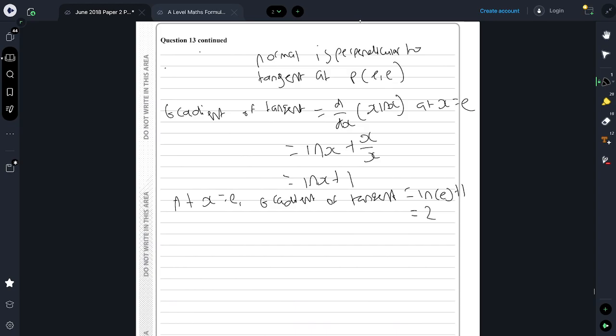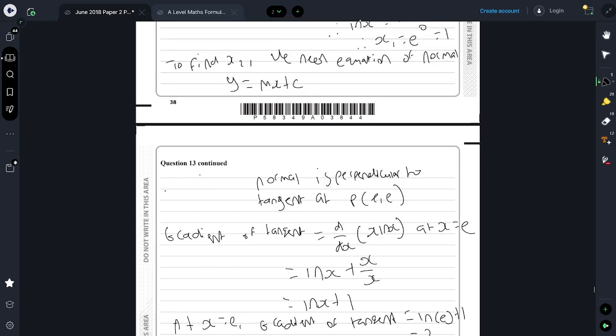Therefore the gradient of the normal is going to be minus a half, because perpendicular means the negative reciprocal. Take the reciprocal of 2, which is a half, and make it negative. So y is minus a half x plus c.